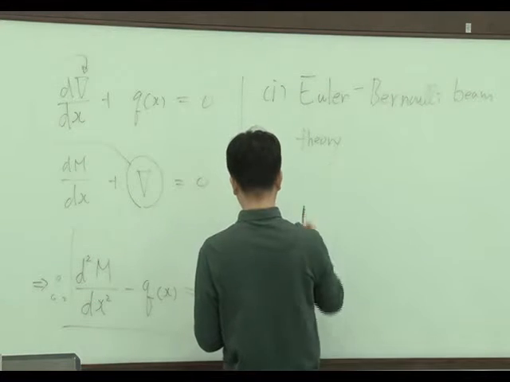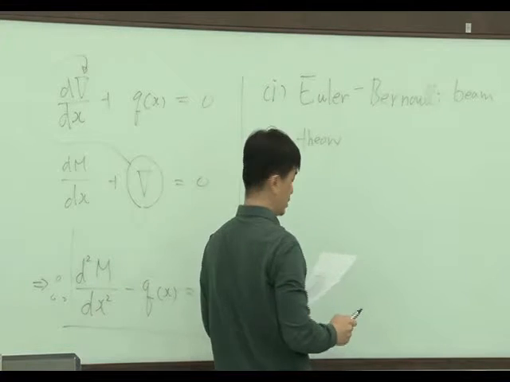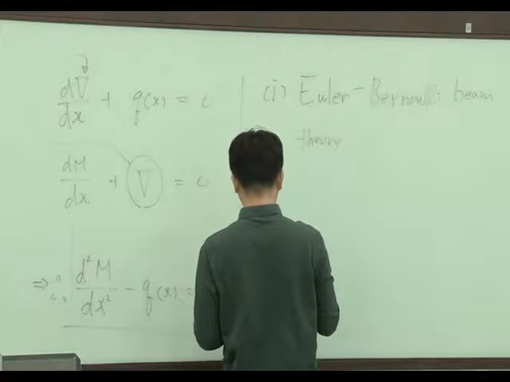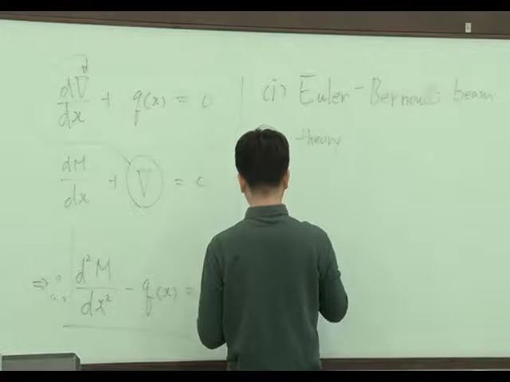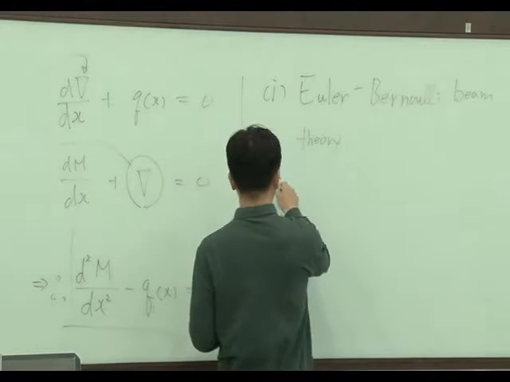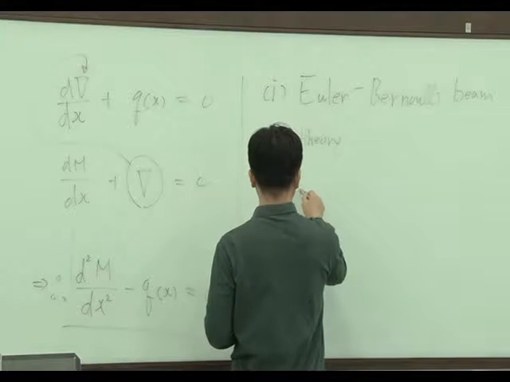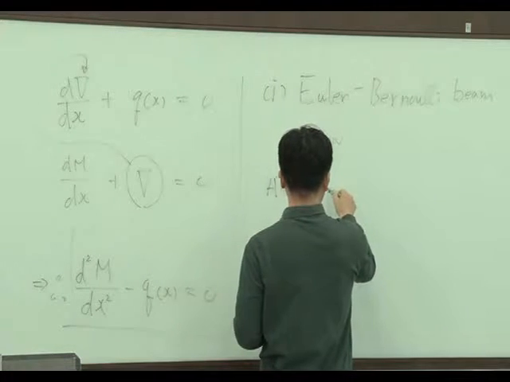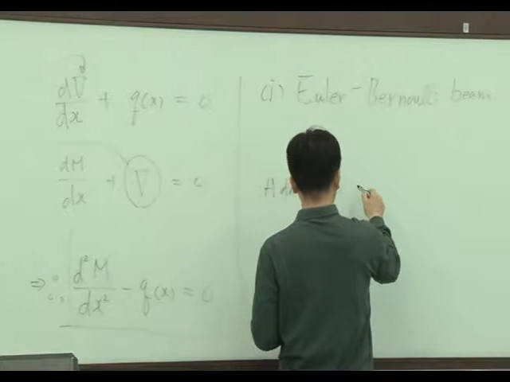So for Euler beam theory, it has an assumption for kinematics. Actually, this is an additional assumption.